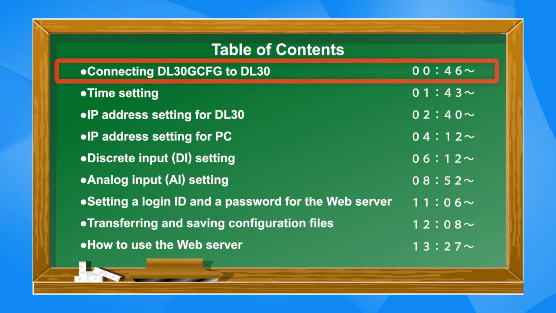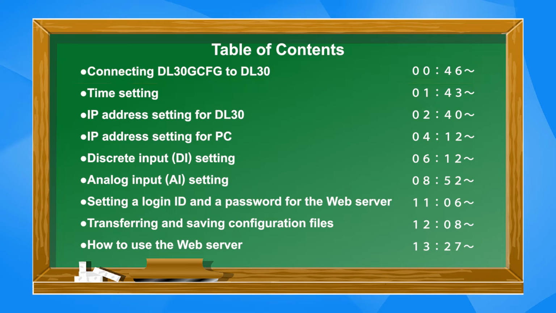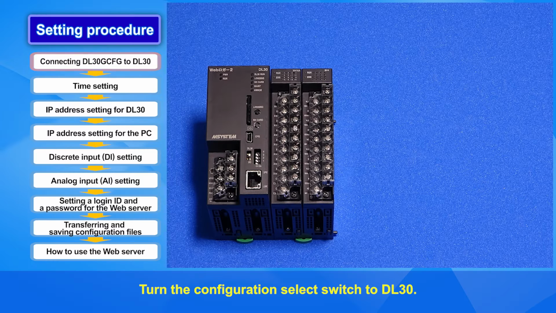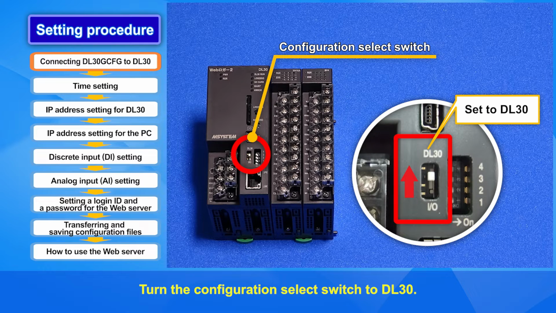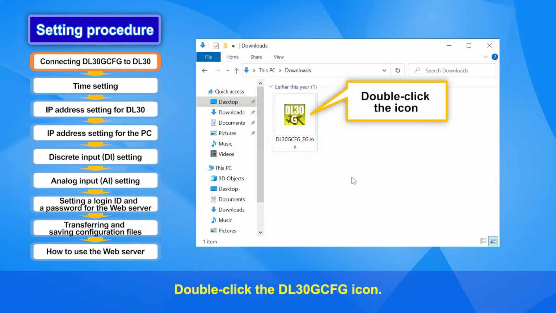The first is about connecting the configurator software, DL30 GCFG, to DL30. Turn the configuration select switch to DL30. Double-click the DL30 GCFG icon.